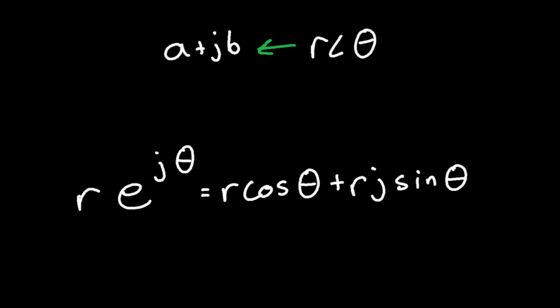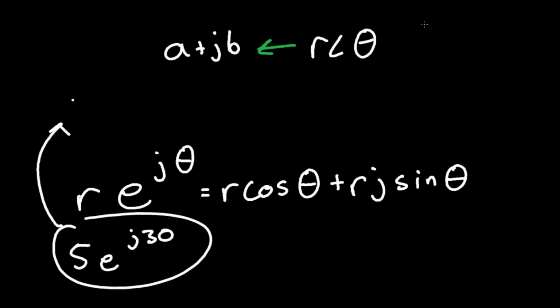Well, using Euler's formula, let's say we have 5e to the j30. This 5 represents r, and this 30 represents theta. So your number in polar coordinates is just 5 at 30 degrees in this case, is it not?